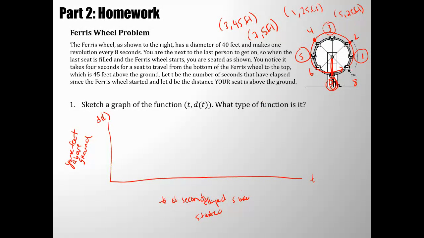All right. So even though I might not know 0 yet, we'll come back to that. We can fill in some of these other ones. So I'm going to go with 1, 2, 3, 4, 5, 6, 7, 8. Your highest is going to be 45, and the lowest is actually 5. So let's figure out what's halfway between those.